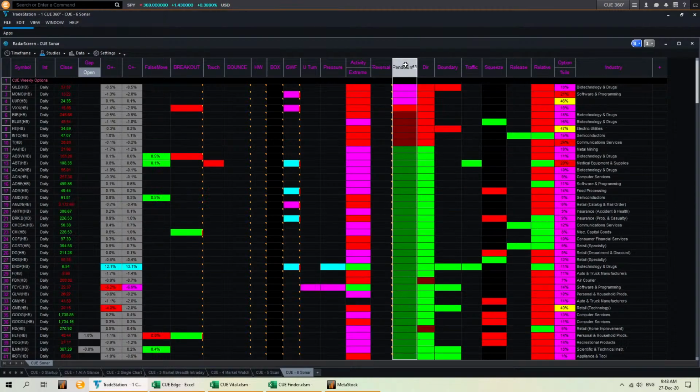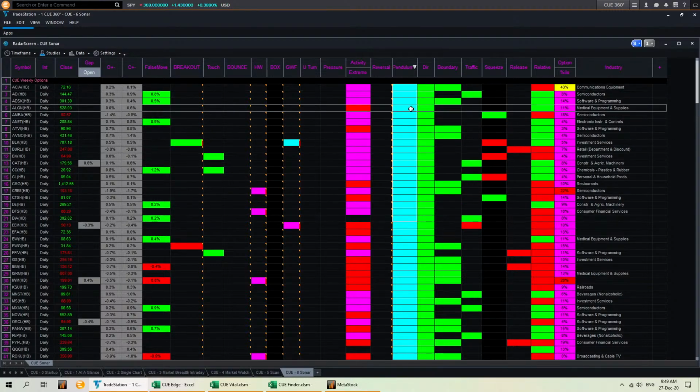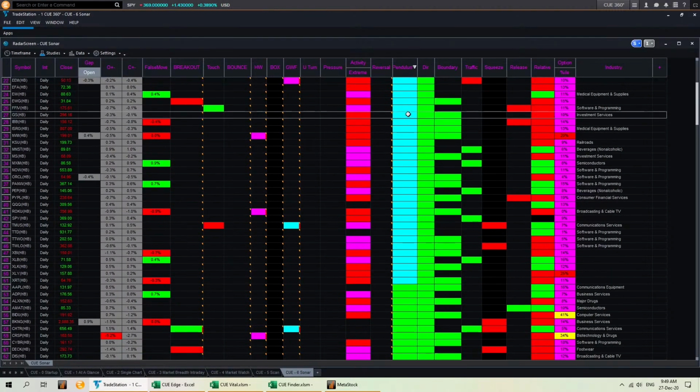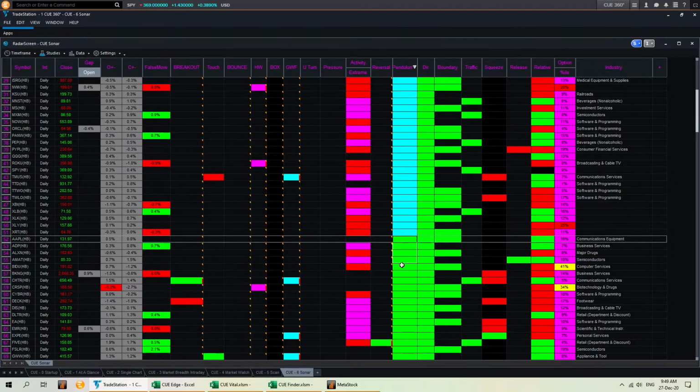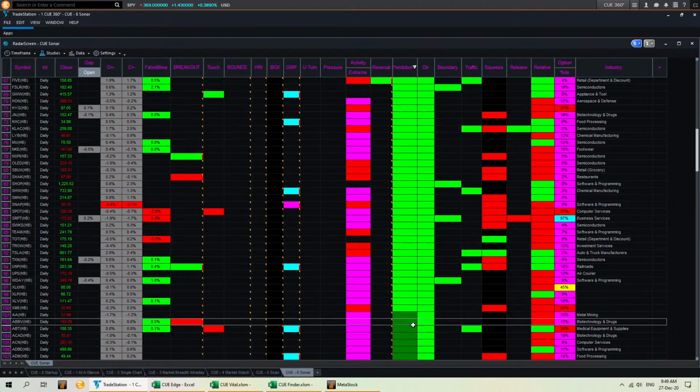Again, if I double click by column, the stocks that are at price extreme low are shown by magenta, bright red or dark red. Magenta being the lowest extreme, then bright red, then dark red. And if I double click the column header, these are the stocks at price extreme high. Cyan is the most extreme, then bright green, and if I scroll down further, dark green.